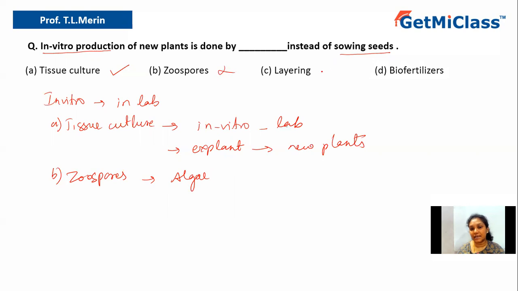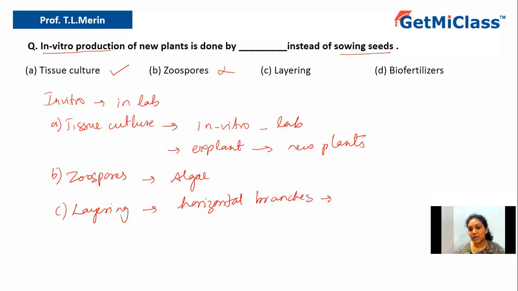Option C says layering. So what is layering? Layering is seen in certain plants which have horizontal branches near the ground.